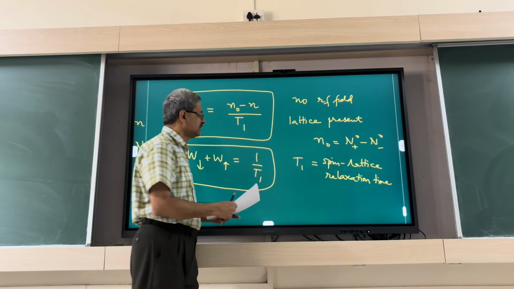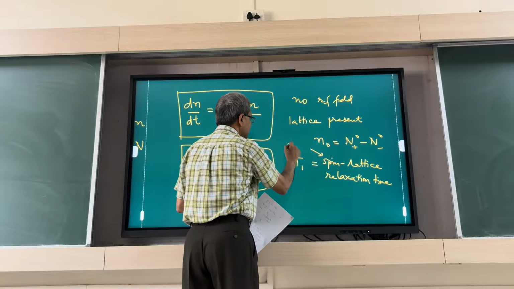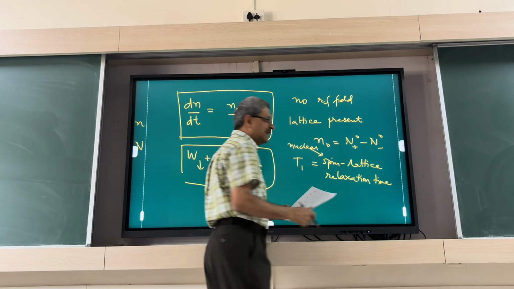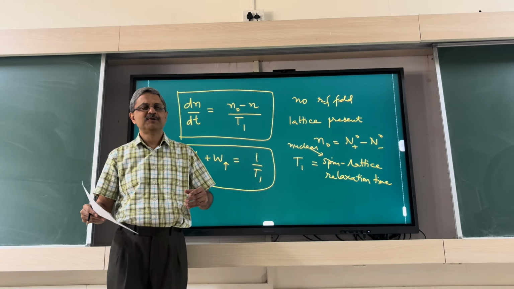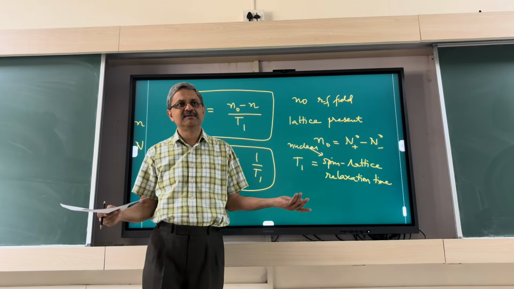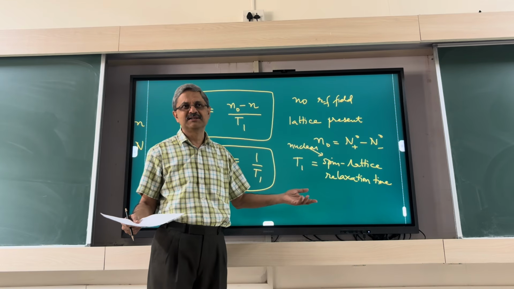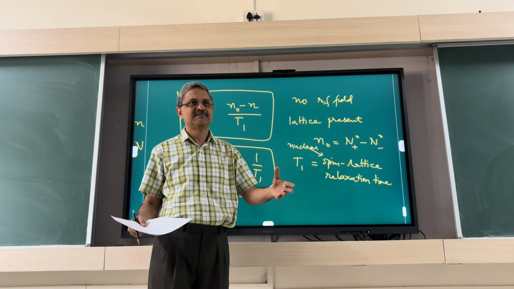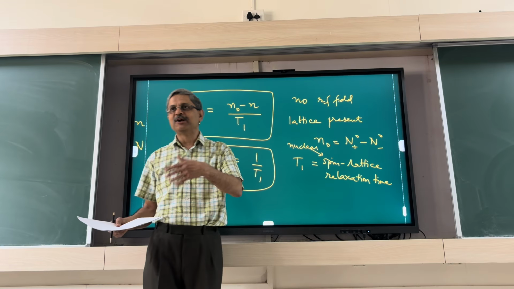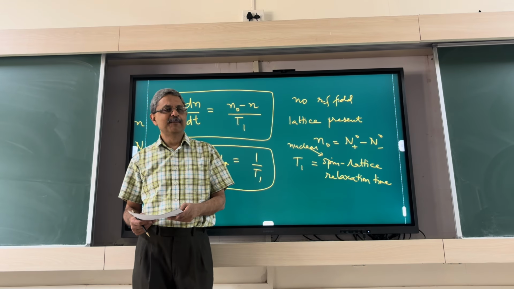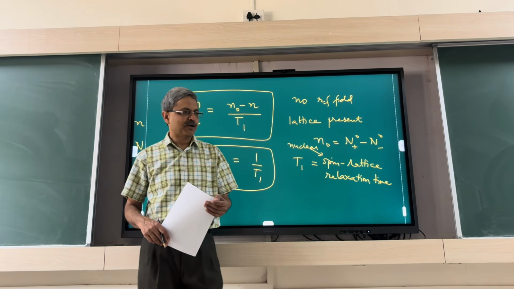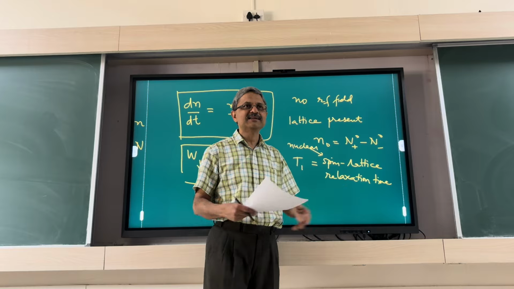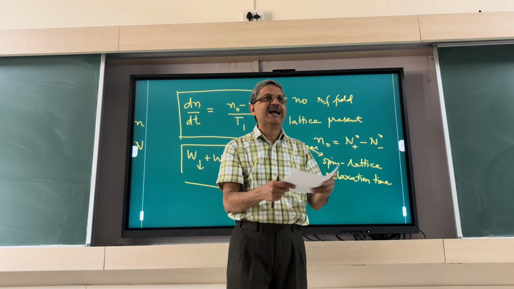The spin refers to nuclear spins, and lattice is a generic term. Whatever is the bath it is in, that's called the lattice. It may not always be the physical lattice. In at least the kind of NMR we do, we are often interested in a situation where this so-called lattice is really the magnetic moments, the electrons in your system.